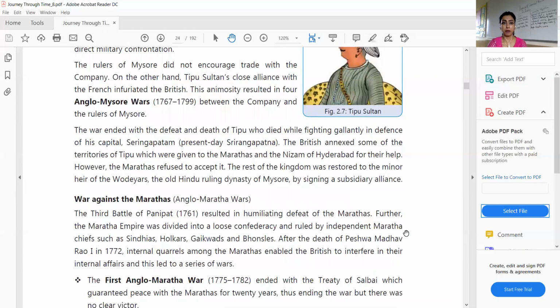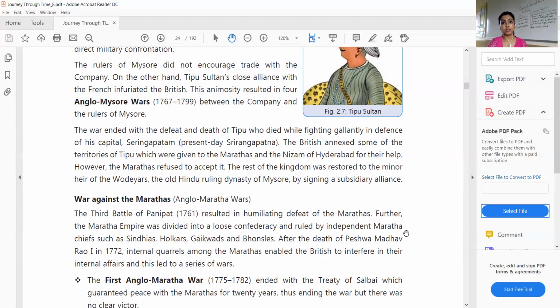Then there was the third battle of Panipat, which was fought between the Afghan forces and the Marathas, where the Marathas got defeated. As there was no unity among the Maratha chiefs, the British took a chance of this and started to interfere in the internal matters of the Marathas, and they entered into three Anglo-Maratha wars.